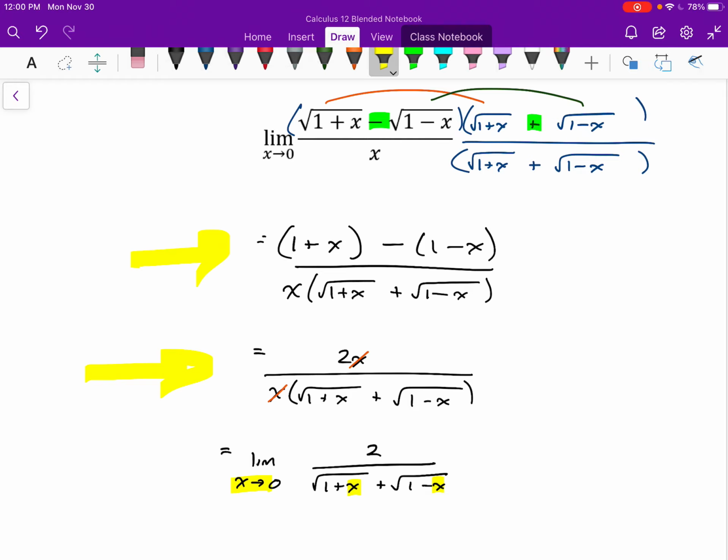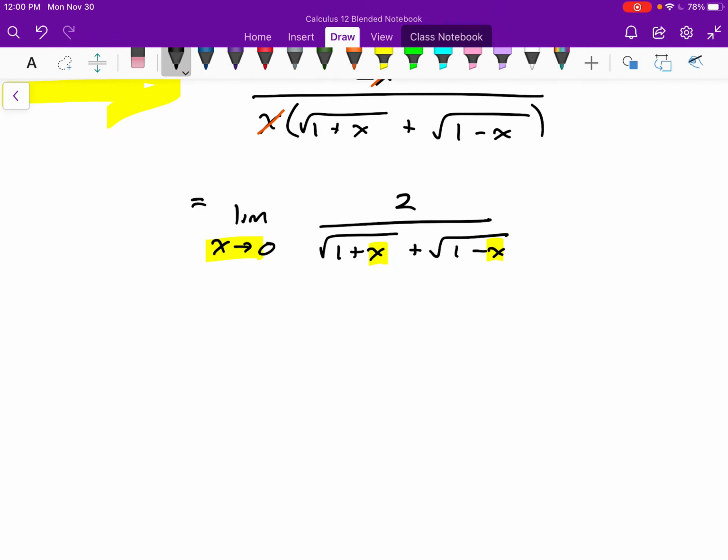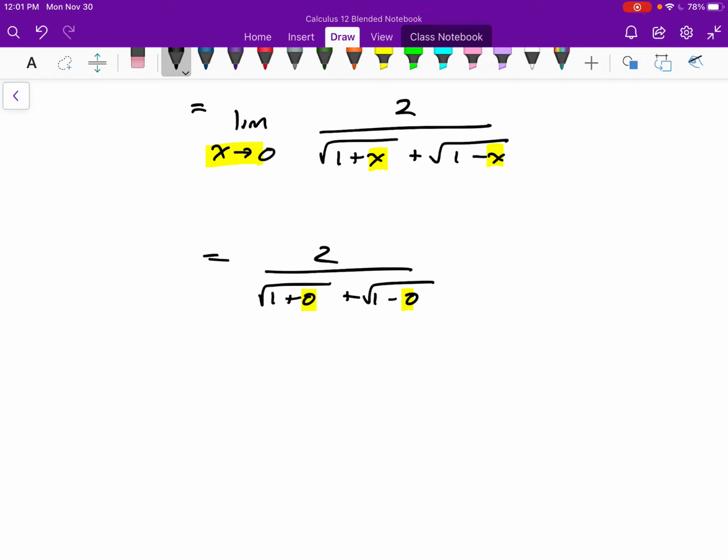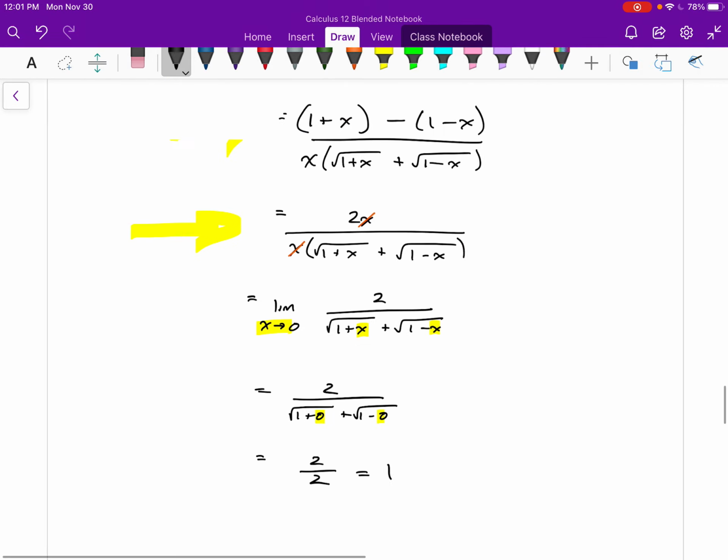And so it just does me no good. And now I'll replace those x's with 0. It's a lovely number. So I can see this is going to equal 2 divided by 2, which is 1. And there's my limit. So the limit of all that was, in the end, equaling 1.